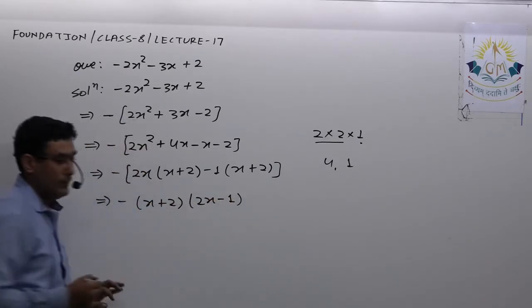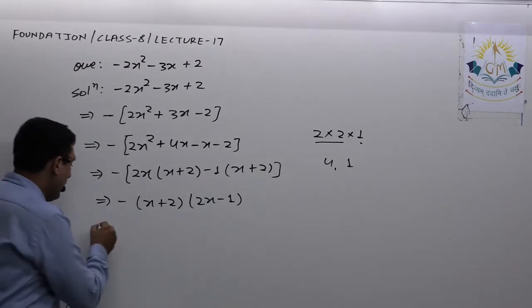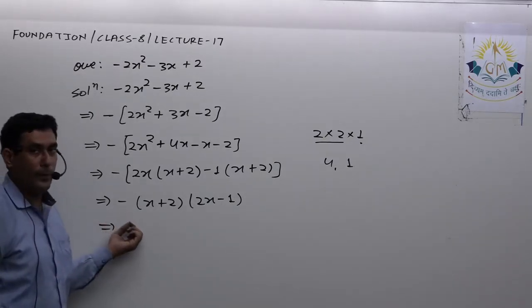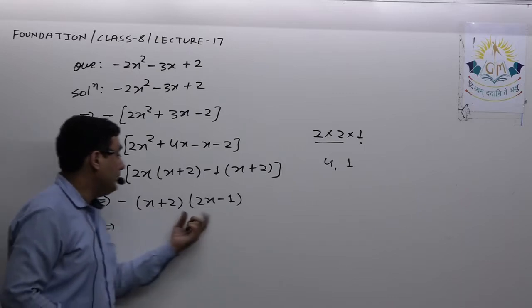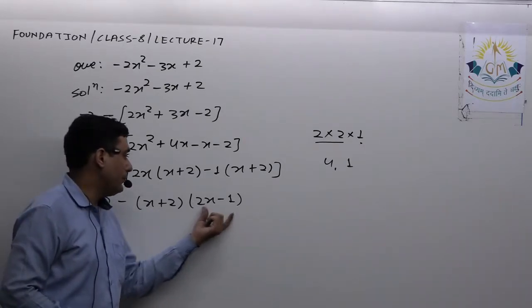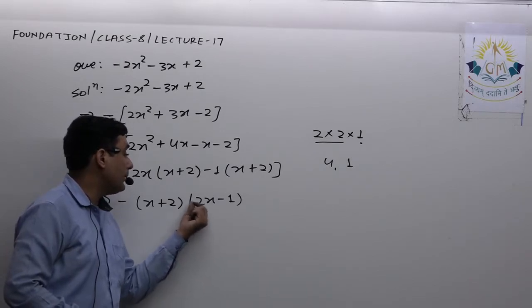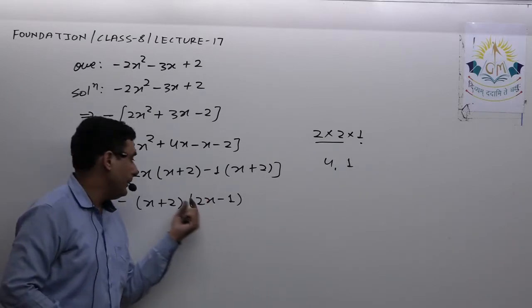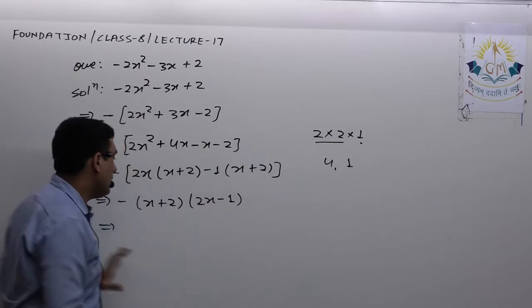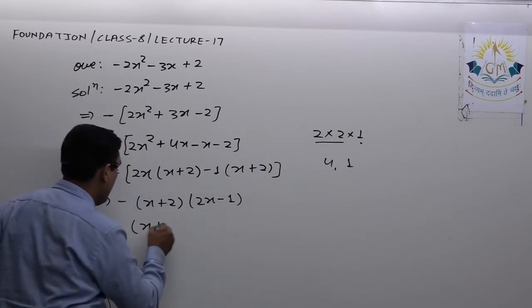Now as I told you, I won't keep the minus sign outside unless we have a step in which both terms are of the same sign. Here this is negative, this is positive, that means they have opposite signs.